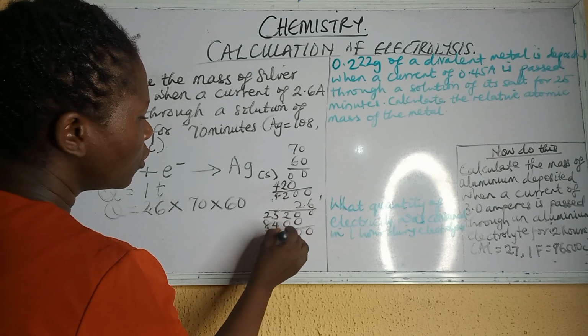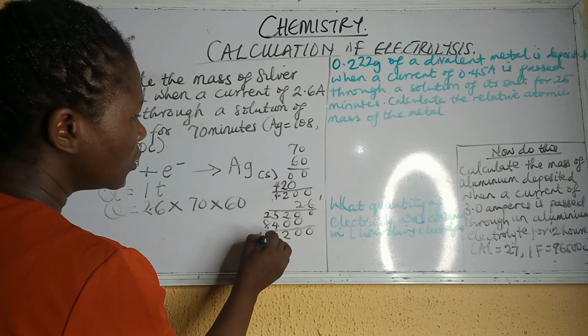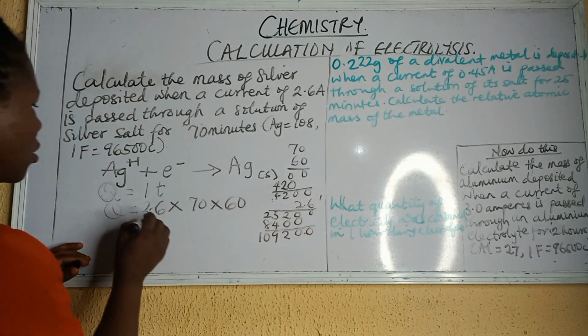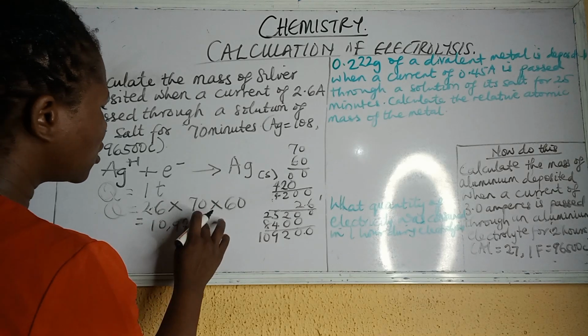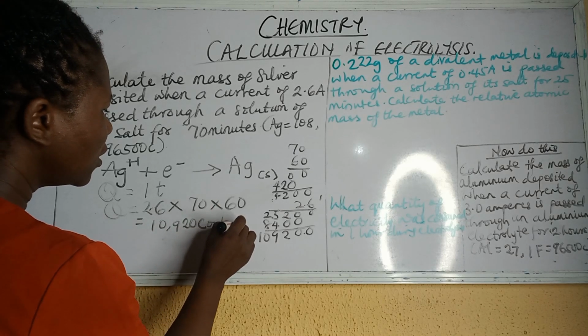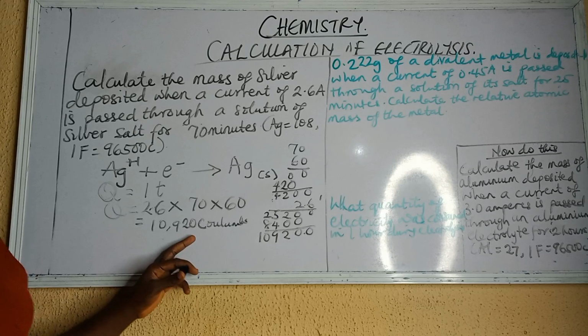That is 10,920 coulombs. Coulomb is denoted as C. So quantity of electricity is always in coulombs.